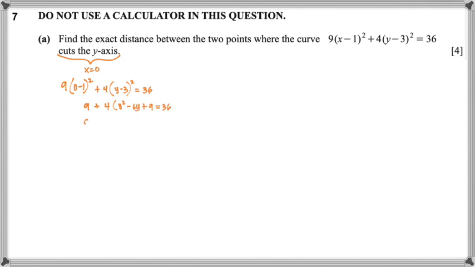Now moving on, we get 9 plus 4y squared minus 24y, 9 times 4 is plus 36, minus 36 is equal to 0. Now simplifying this further, 36 minus 36 cancels out.